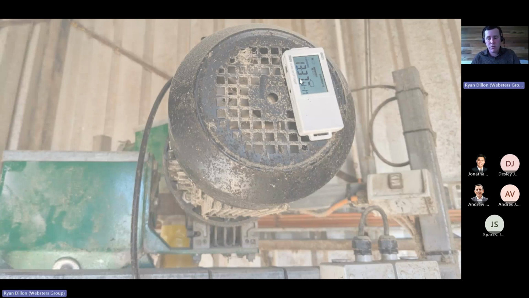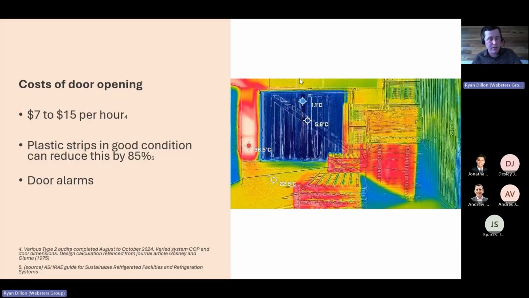So there's a few ways to use data loggers to look at door openings, and that's key, because what you don't measure, you can't manage, and having something accurate at a type 2 level, I mentioned at the start, under the Australian standard, we need to hit what's called medium accuracy. So we might monitor this for a month and try and get some real data on door openings.